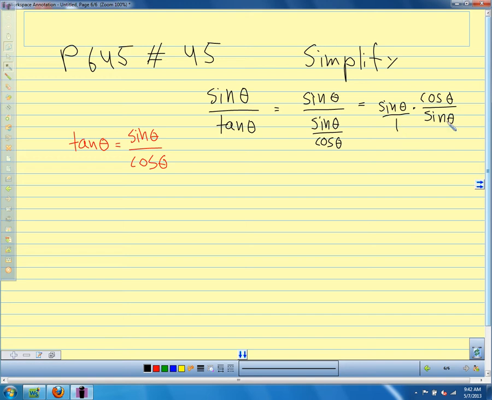What is sine theta divided by sine theta? 1. They cancel. It's the same number. So this cancels. And all I'm left with is cosine theta. So if I simplify sine theta divided by tangent theta, it equals cosine theta.